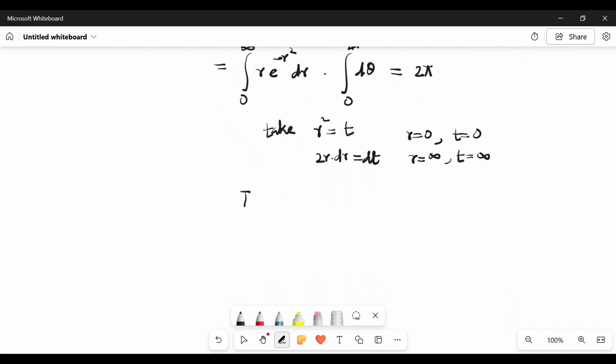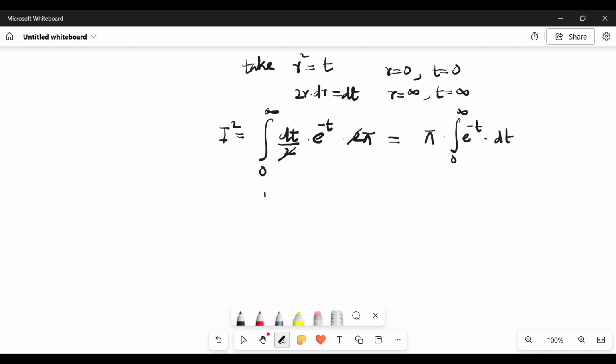So here I square will become the integral from 0 to infinity. So 2r dr was dt, so r dr will be dt by 2. And this will be e raised to minus t into 2 pi. You can cancel these two 2's, and the integral becomes pi into e raised to minus t dt from 0 to infinity.